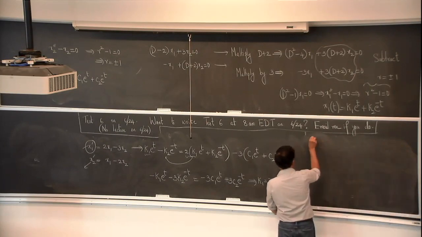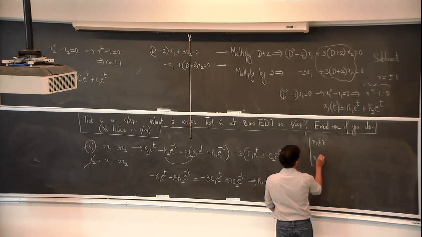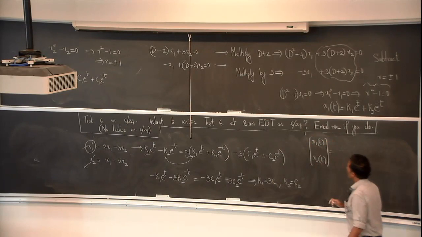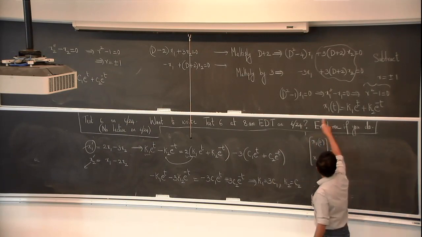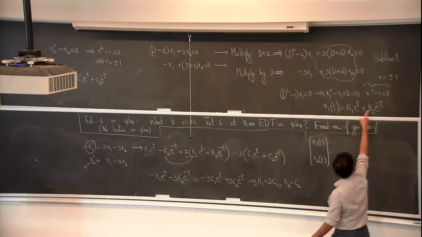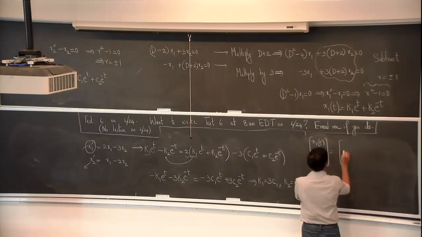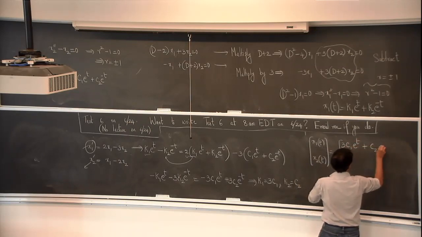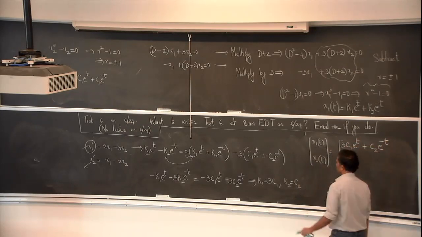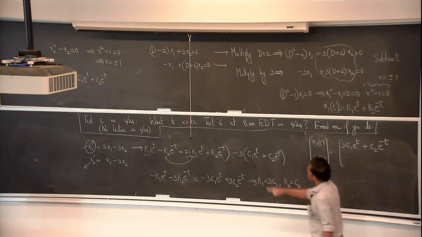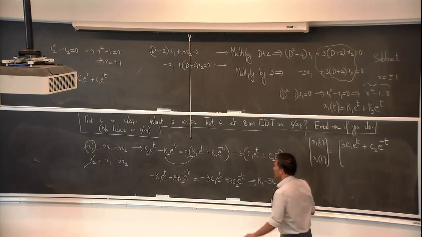So now if you write it in vector form, you have x1 of t, x2 of t. X1 is what we just got here. So k1 is 3c1, so 3c1 e to the t plus c2 e to the negative t. And x2 of t is c1 e to the t plus c2 e to the negative t.